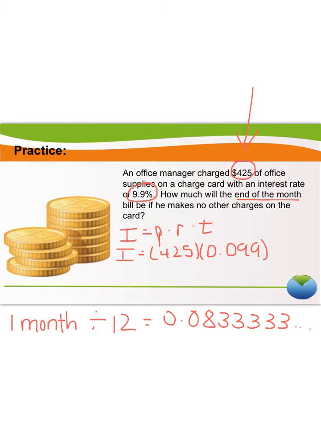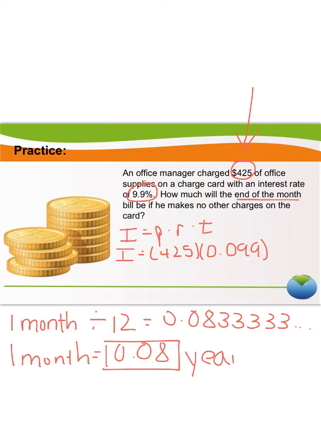Anytime we're dealing with 1 month, we will always use 0.08 as our time, always. So you might want to write that down so that you remember that will always be. All right, so I'm going to put that time up here, 0.08.